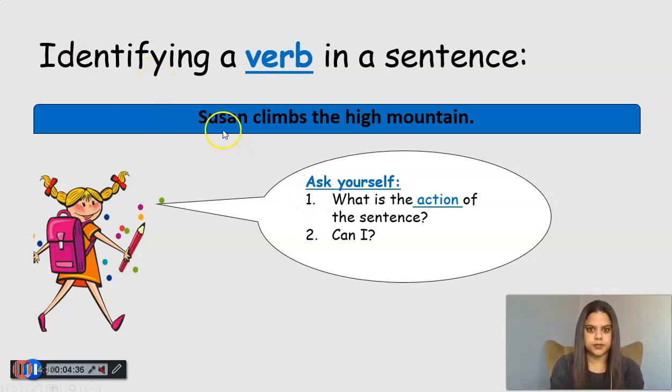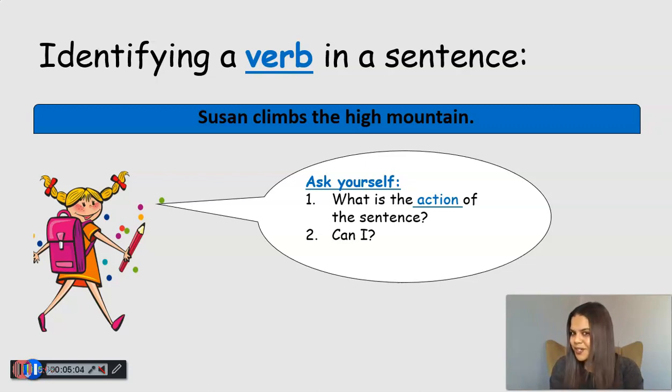So, Susan. Can I Susan? No. Can I climb? Yes. So let's put climb on the side for now. Can I the? No. Can I high? No. Can I mountain? No. So let's think about what the verb could be in the sentence.